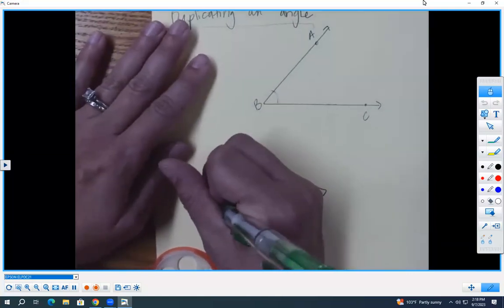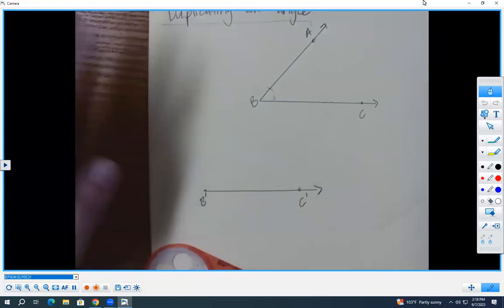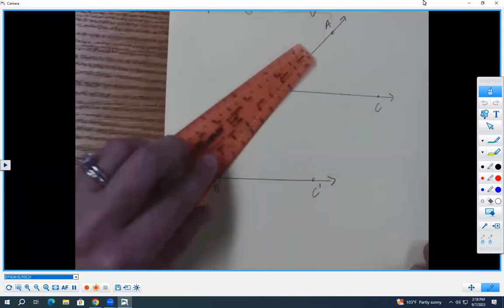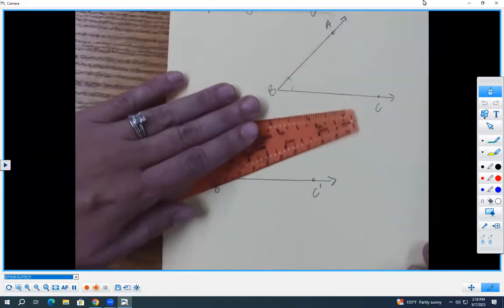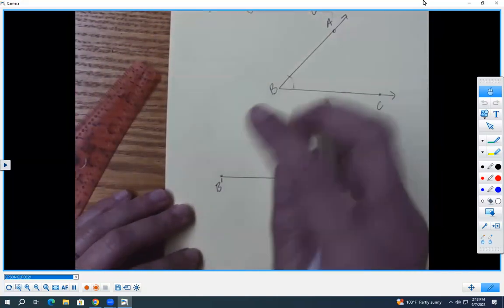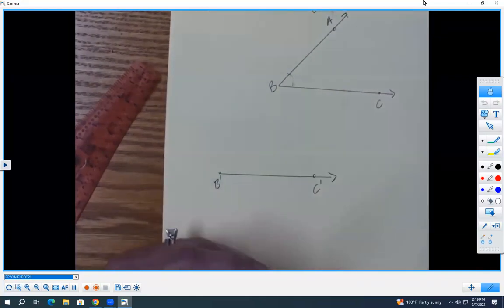How did you get the bottom part again? I just drew it. It's just a line. Yeah, you just start off drawing a line, but I don't know how much this opens now. So I need a dot somewhere so that it will be the exact opening here. Do you have a ruler?